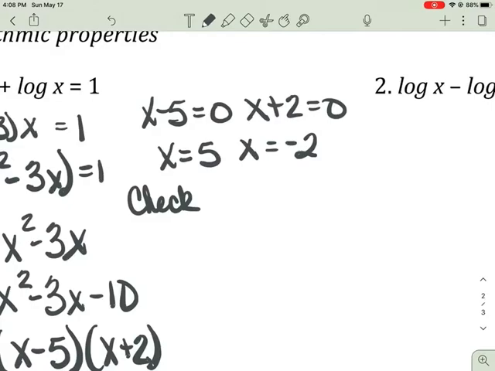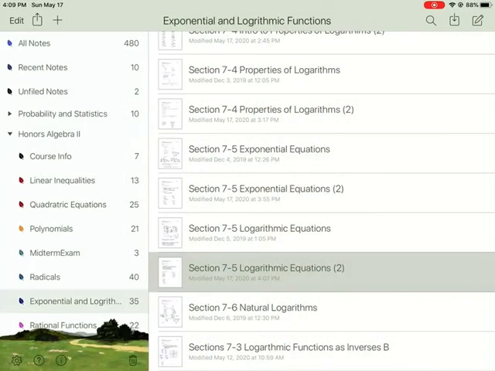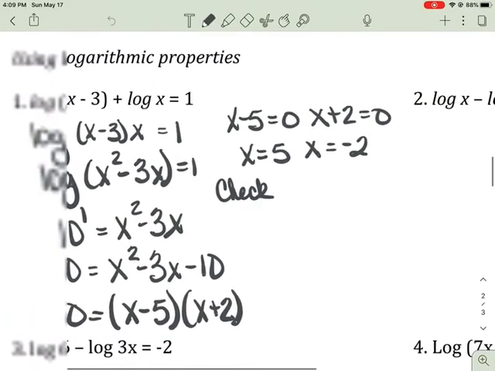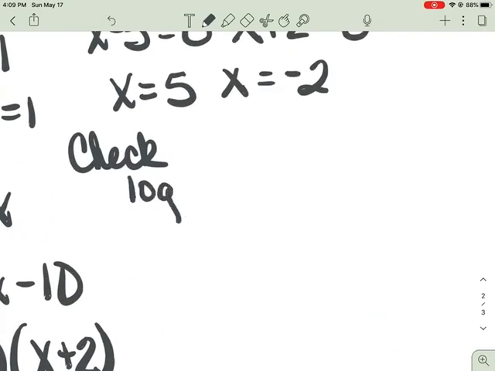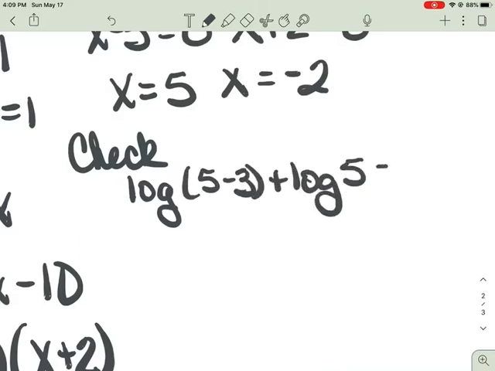So the original problem was log of 5 minus 3 plus log 5, and is the answer equal to 1?